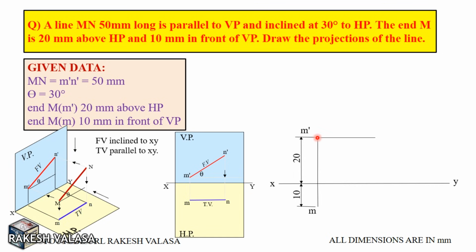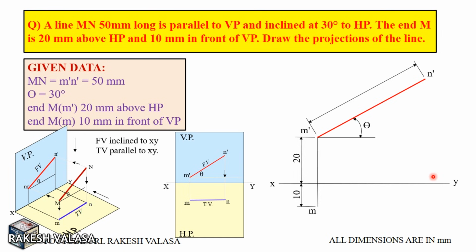From this point, locate the 30 degrees point, then join this M dash and that 30 degrees line, and take your engineering compass, M dash as center, and cut this 30 degrees line with 50 mm. This name is N dash. So M dash N dash length is 50 mm. This is the true length. We can see the true length in the front view for this case.